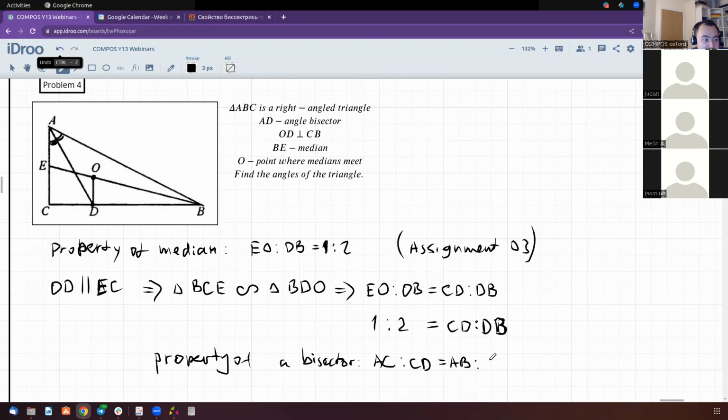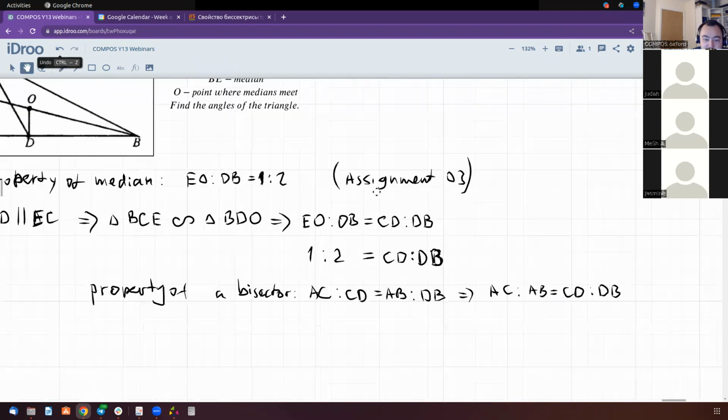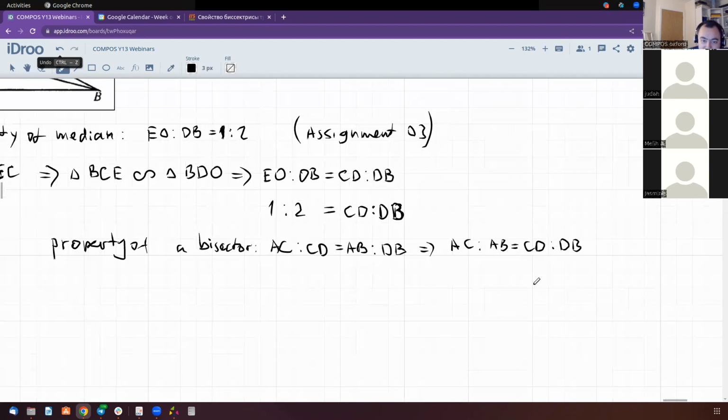To AB to DB. Or in other words, AC to AB is equal to CD to DB. But CD to DB is 1 to 2. We already know that. This is 1 to 2.